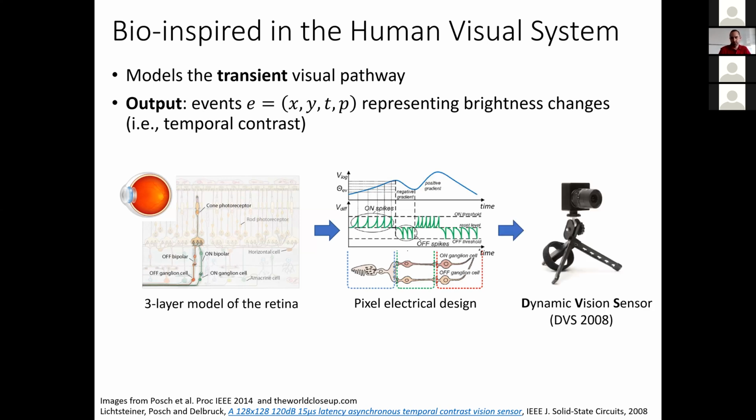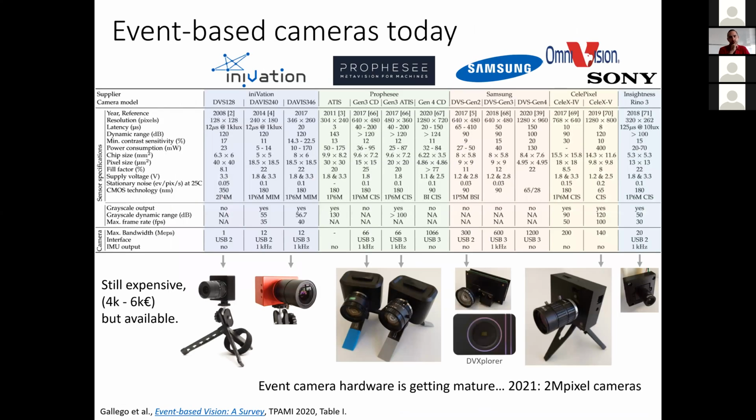And finally, you implement this circuit on a VLSI chip, and there's this camera. The first camera that was commercially available and successful with this model is the dynamic vision sensor. It's from around 2008, from Professor Tobi Delbruck's group. Now we fast forward to 2020, 2021, and we have all these players, all these companies and cameras.